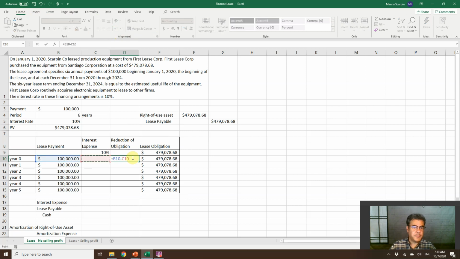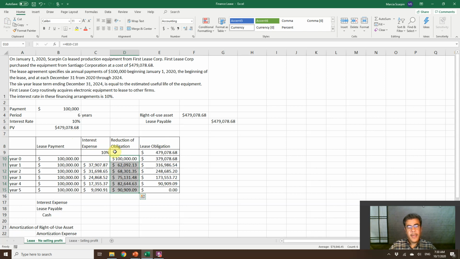Reduction will be lease payment less interest expense. And the interest expense is 379 times the interest rate. And here we have our amortization schedule. And ending balance, nothing. And we also have a video about amortization schedule, and it is in our video description. So a lot of videos in our video description. And okay, we are paying it.